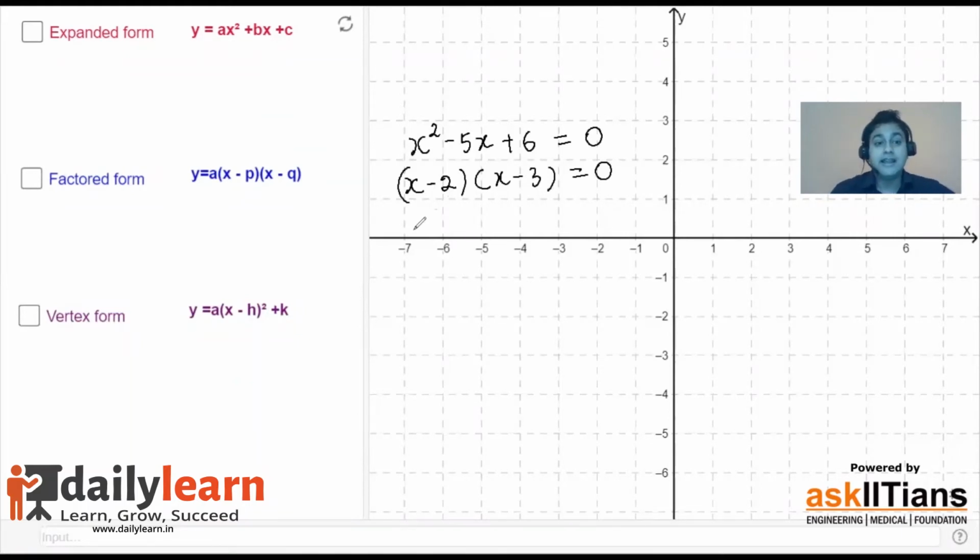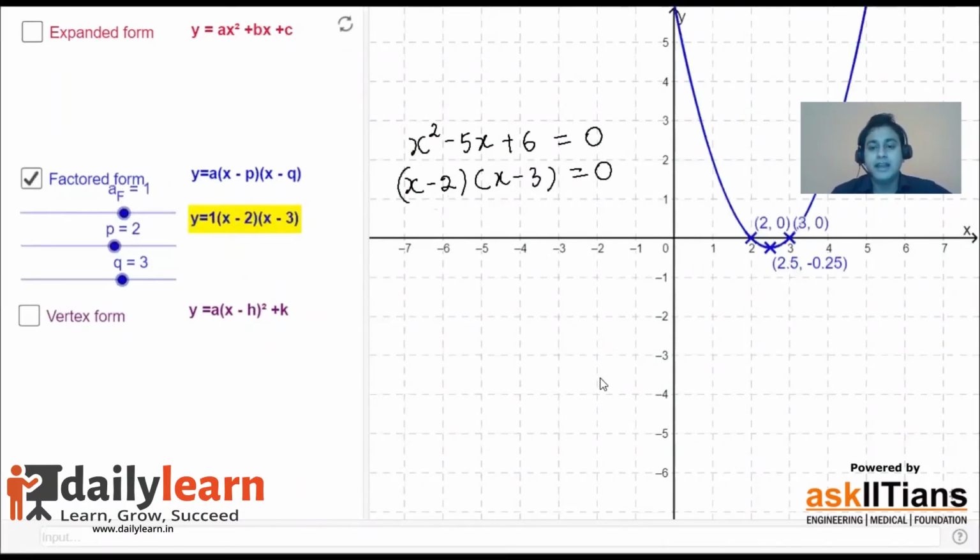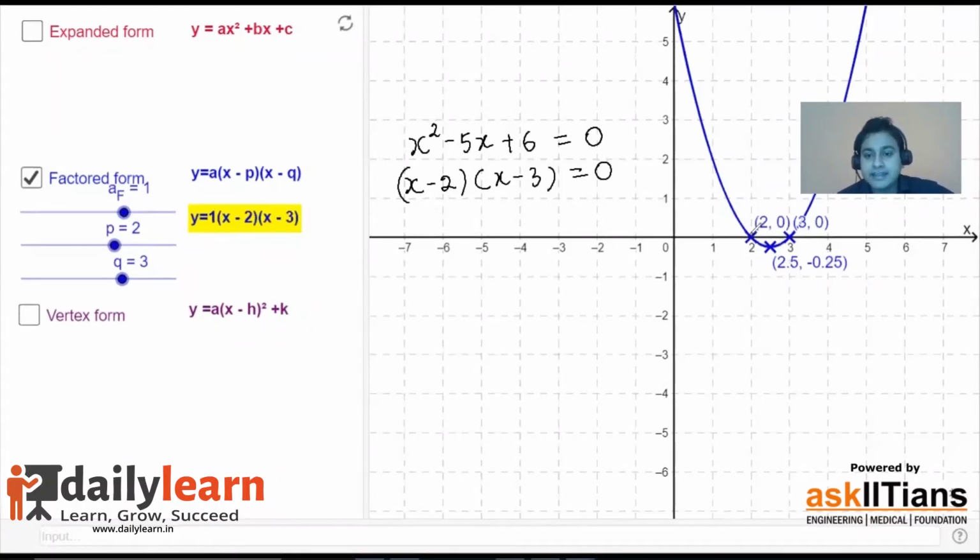Now let's look at the graph. What would the graph be at this particular point? As we know, this is the factored form, and you can see in the graph that it is cutting the x-axis at (2, 0) and (3, 0), which is absolutely correct because our a is 1, and we are not discussing b and c.